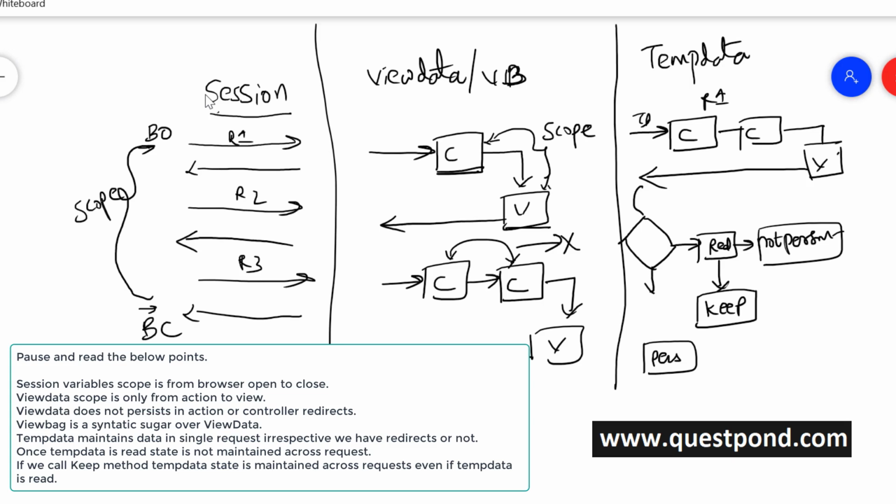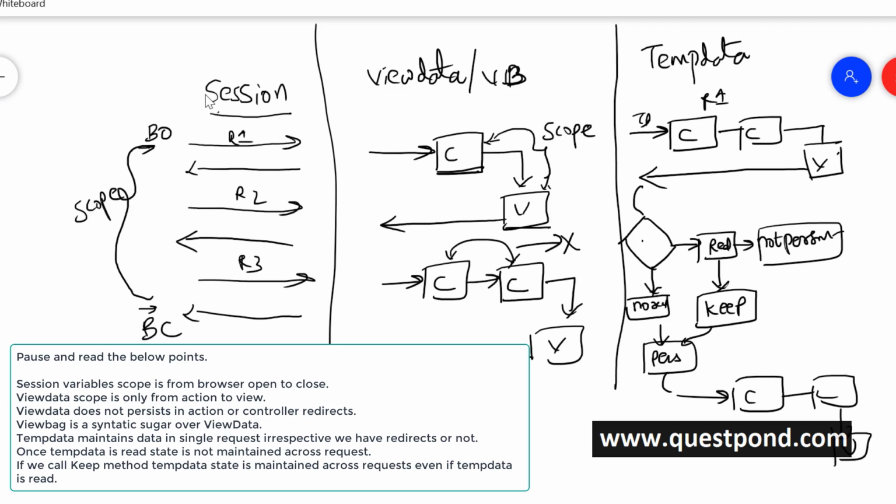Or if you do not read, it will persist. So you can see here we have control, we can say how do you want to maintain the state for the next request. Depending on that, the data will be maintained for the next request.